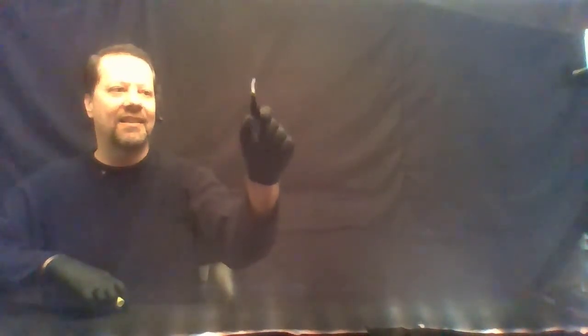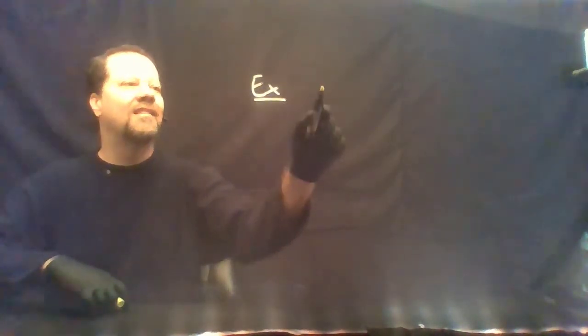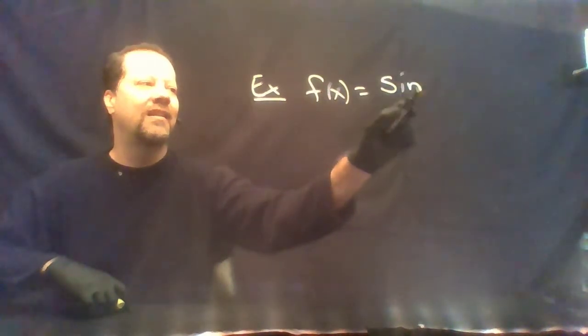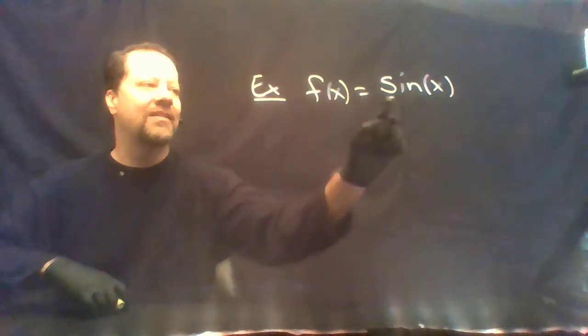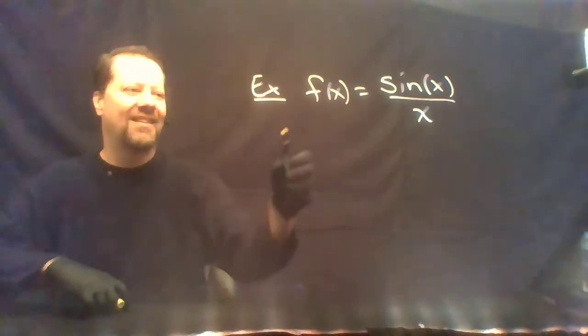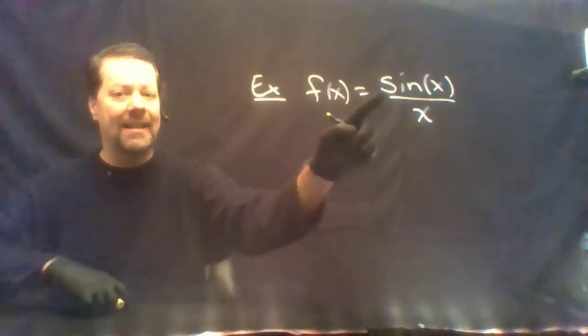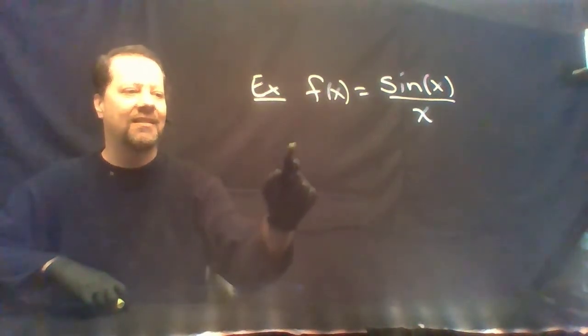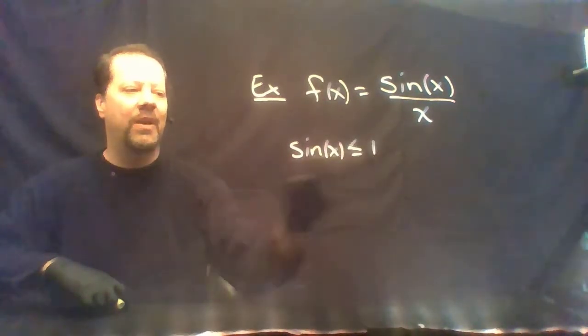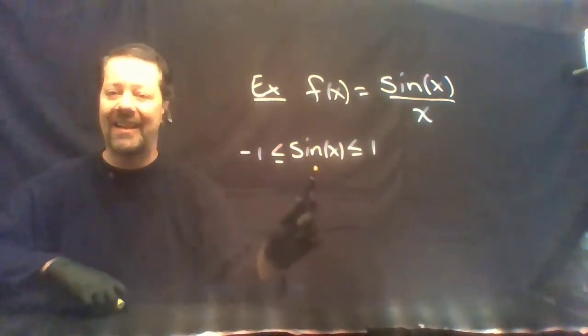Let's look at f of x equals sine of x divided by x. As you can see, sine stays bounded between 1 and negative 1.